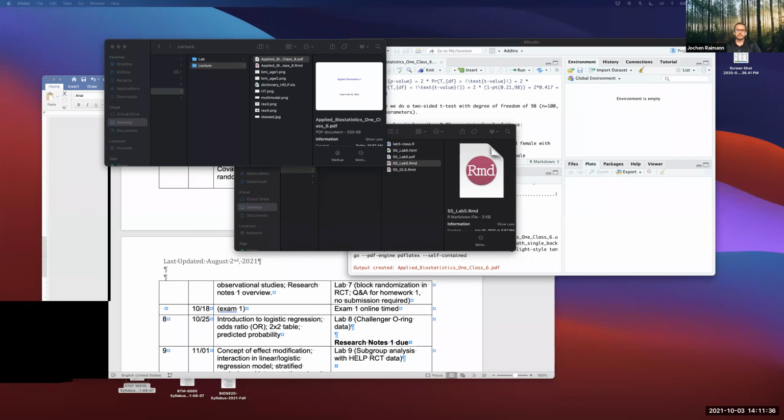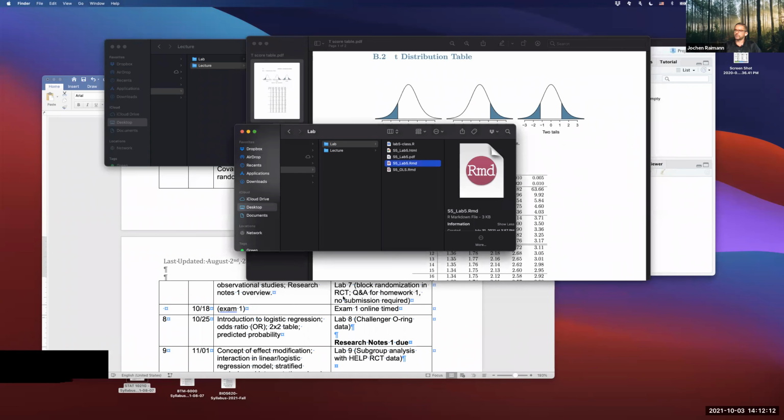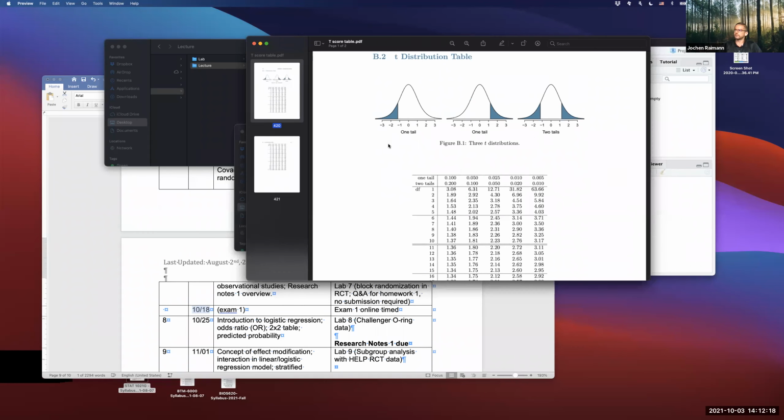Okay, when you really want to find something, you never find it. Okay. So t-score table, just as a recap. So the t-distribution table, and this is basically where you find these values, right? So what are we looking for? Minus 0.21, right?